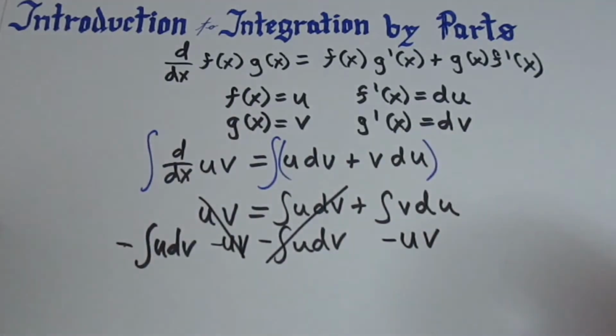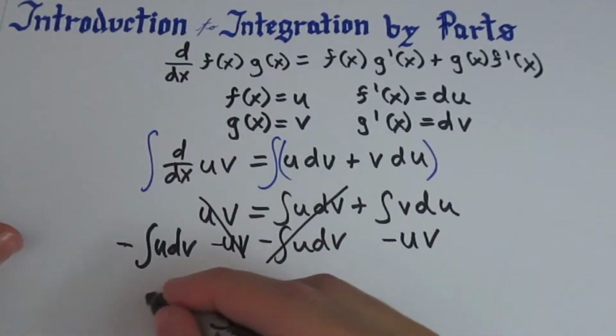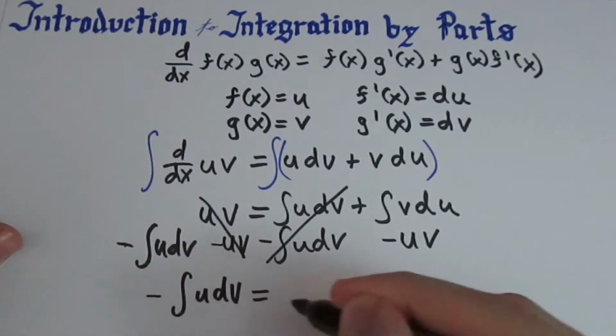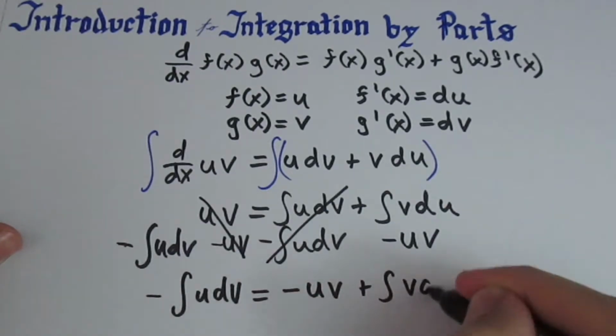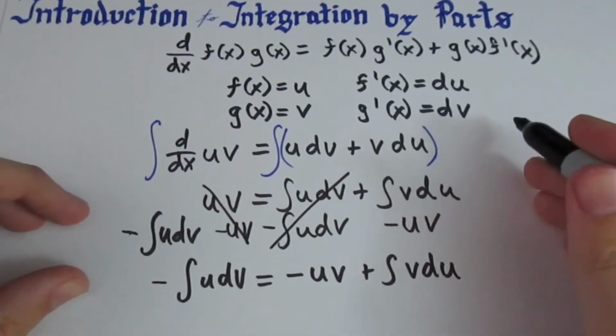That cancels. So far we have negative the integral of u dv equals negative uv plus the integral of v du. That's just simple algebra right there.